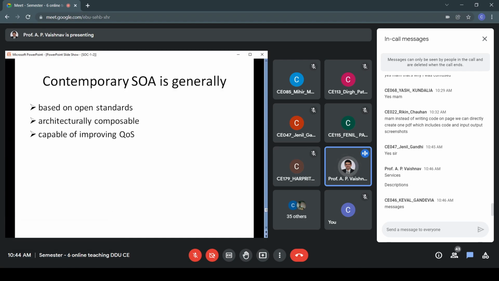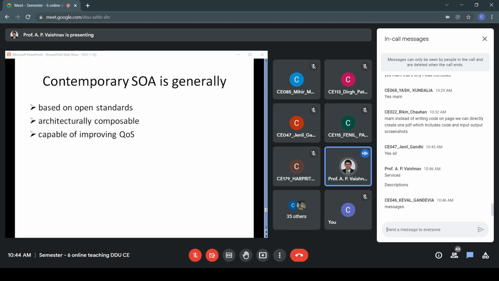But this primitive SOA needs to stand up in the current situation and whatever challenges we are having nowadays, right? So a number of standards have been designed by various companies. Companies like IBM, Oracle, Microsoft got together, and they devised a set of standards, or you can also say specifications.